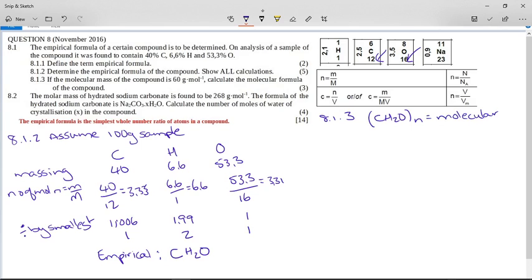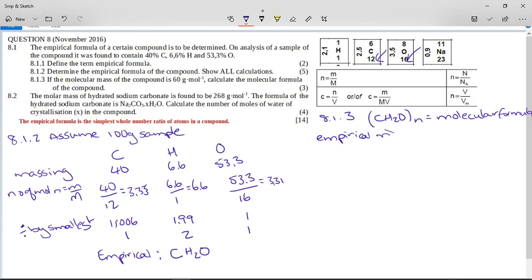So it's now our job to find what that n is. Whatever the molecular mass is will be the empirical formula times n. So what is the molecular mass of the empirical formula? We can call this the empirical mass.